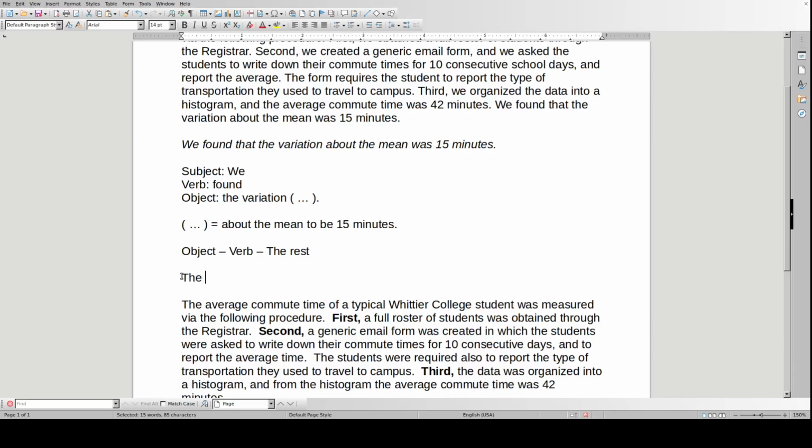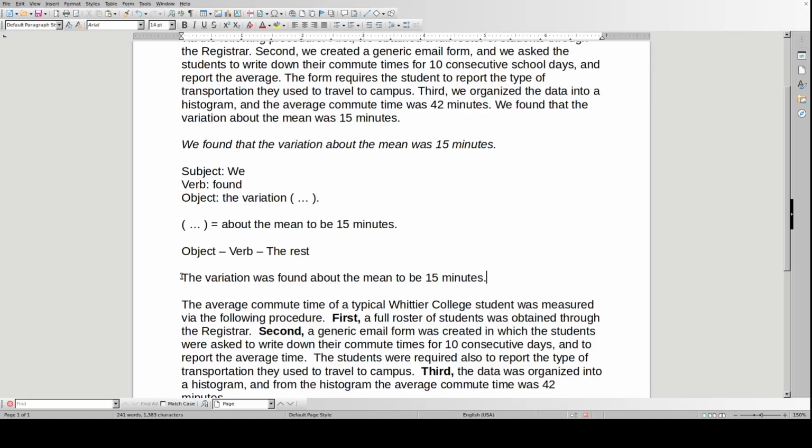So we need the object first, and then we need the verb. The variation was found, and then the parenthetical rest of the sentence, about the mean to be 15 minutes.